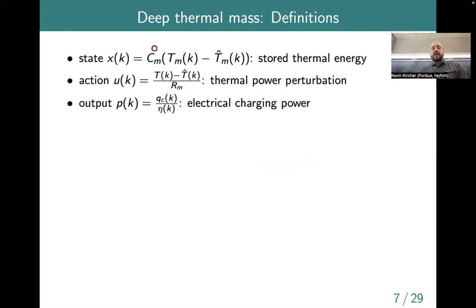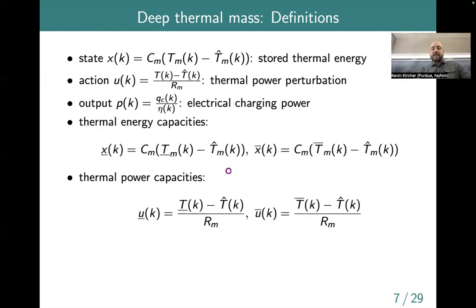To get the energy capacity, we take the thermal mass and multiply it by the temperature deviation. Our action here is the temperature deviation divided by the resistance between the indoor air and the thermal mass. And then our output equation, I'm defining here again as a magnitude, not as a perturbation, but we could play with that definition if we wanted to. This is the electrical power that we either put in for charging or get back from discharging.